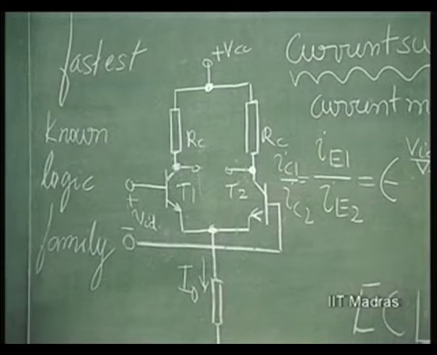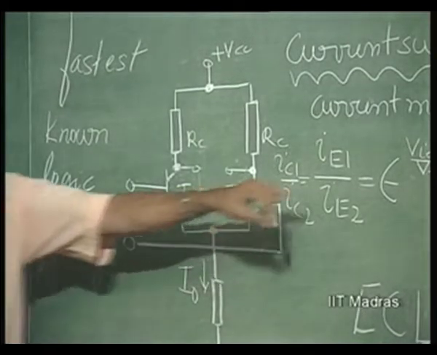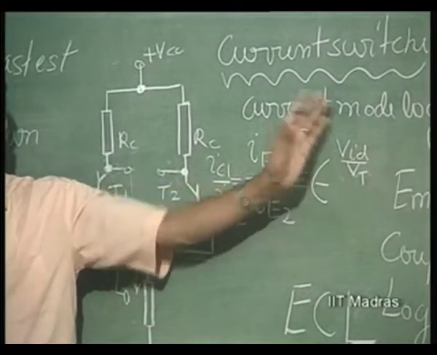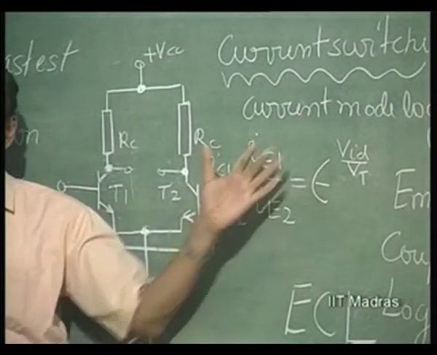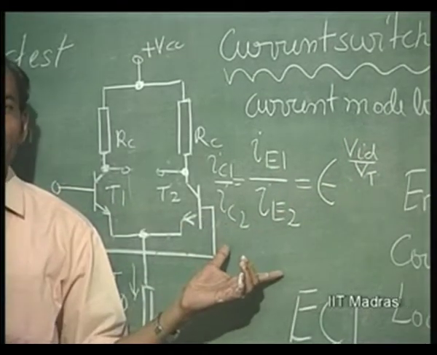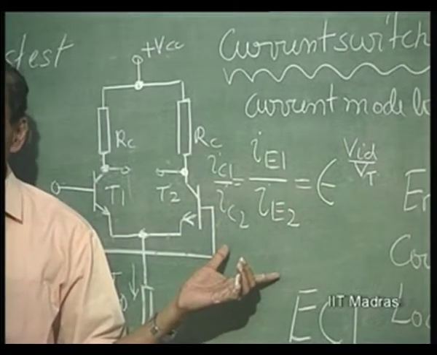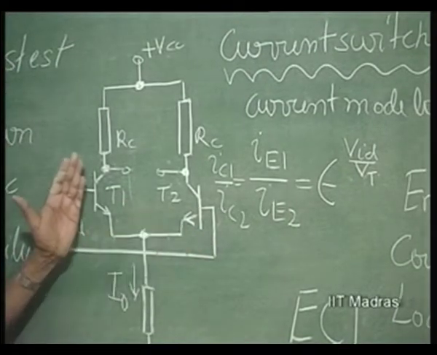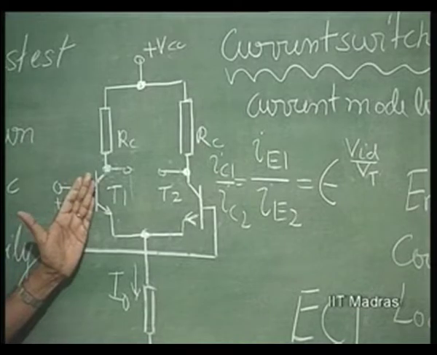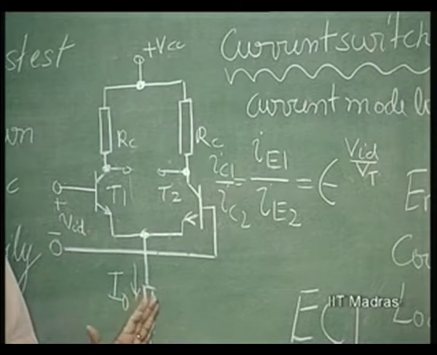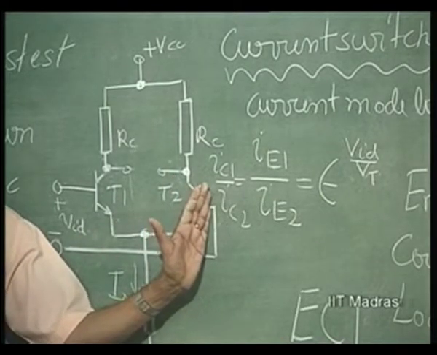Now, if you see the relationship, it is exponential. That means, when VID is plus infinity and VID is minus infinity, only this takes place. But in all such situations, we say that the current is completely switched over to this transistor when this transistor gets 90% of the total current and this transistor has 10% of the total current.